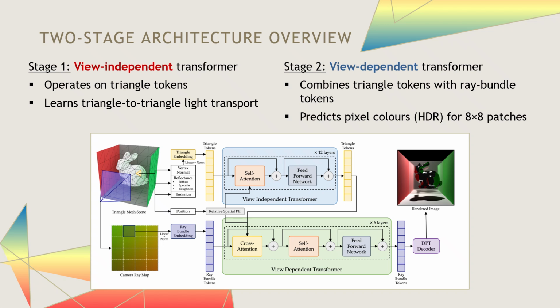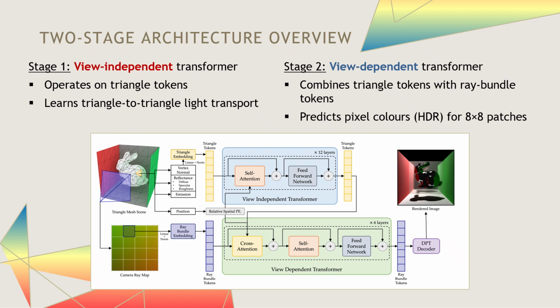To make this efficient and interpretable, the pipeline is split into 2 transformers. First, a view-independent stage that operates only on triangle tokens. It learns triangle-to-triangle light transport, roughly how triangles exchange light with each other, independent of the camera.